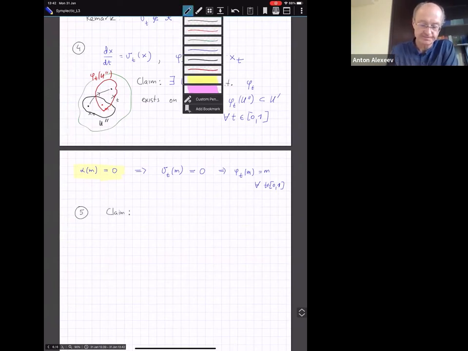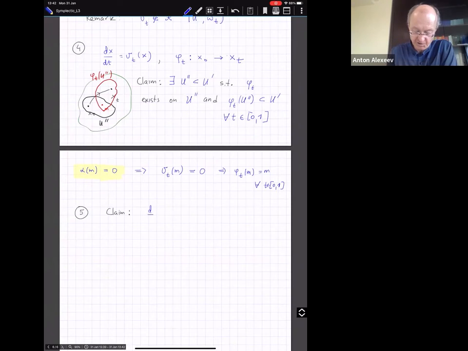d over dt of the pullback by this map phi t of omega t is equal to 0. And this statement goes under the name of the Moser lemma.